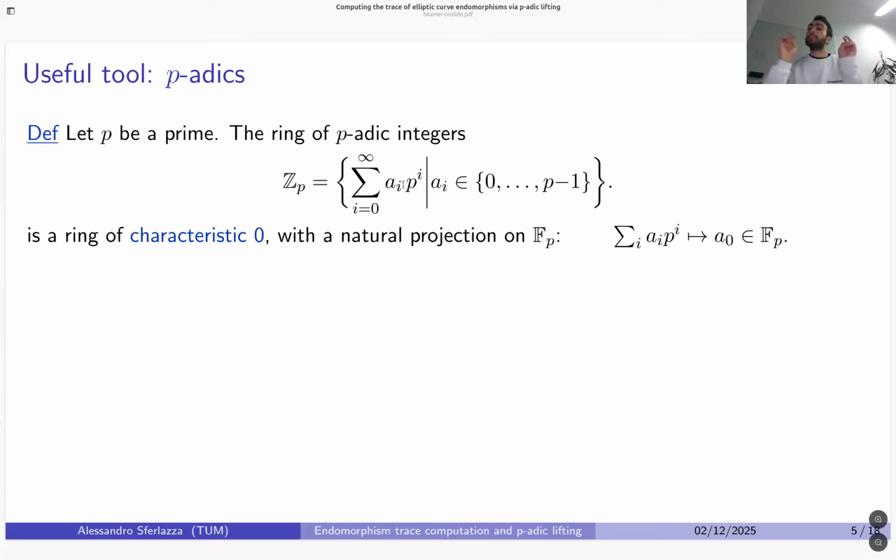And if we set p to be 0, that is, we're left with just the degree 0 term, then we get a projection from this ring of characteristic 0 to the corresponding finite field.